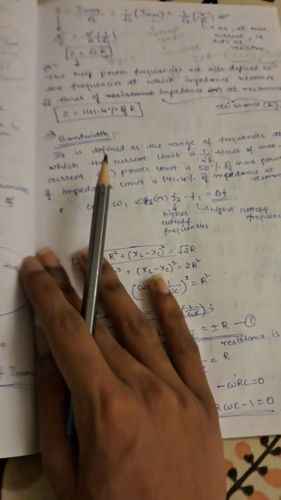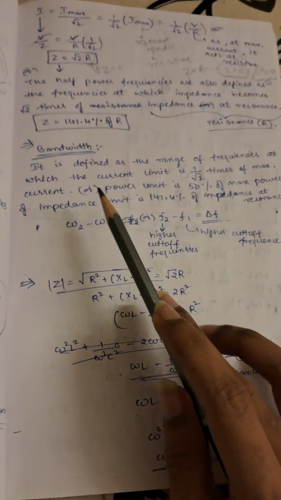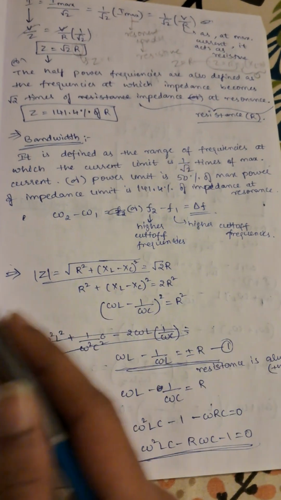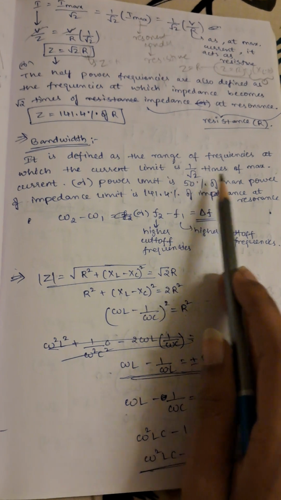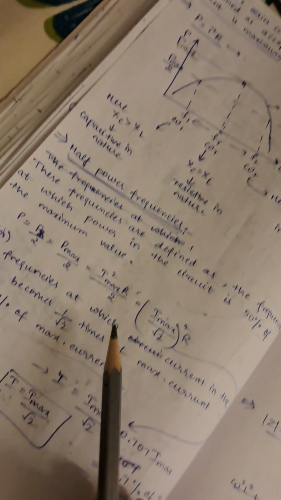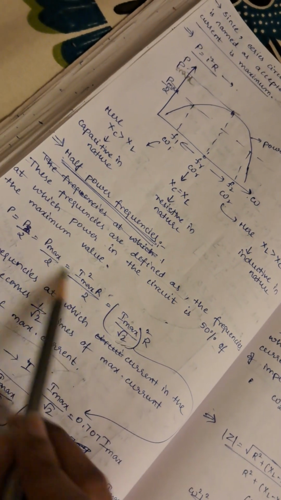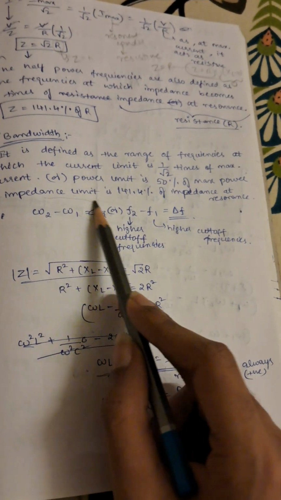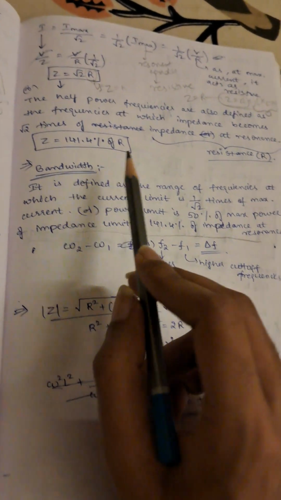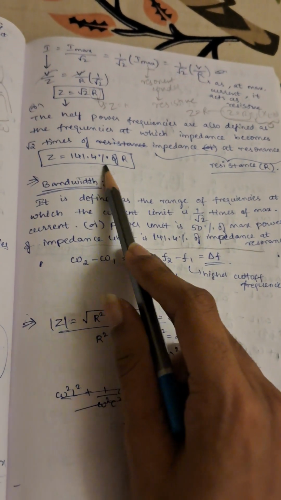Next, bandwidth. Bandwidth is defined as the range of frequencies at which the current limit is 1 by root 2 times of maximum, or power limit is 50% of maximum, or impedance limit is 141.4% of impedance at resonance.